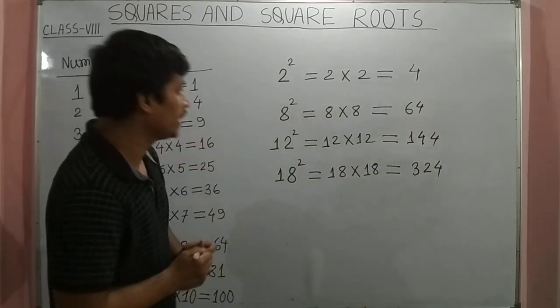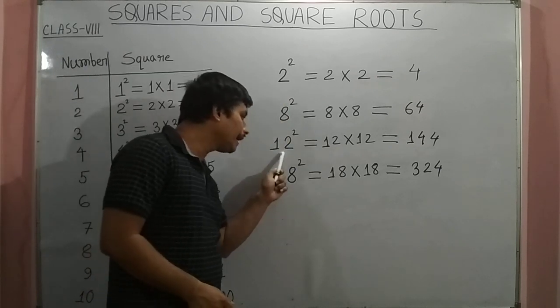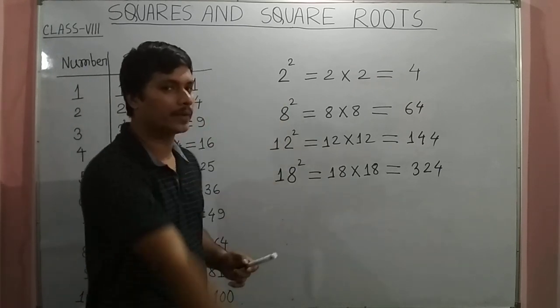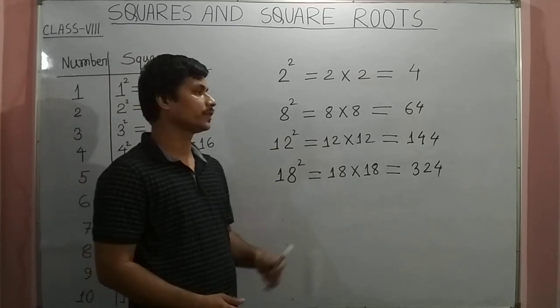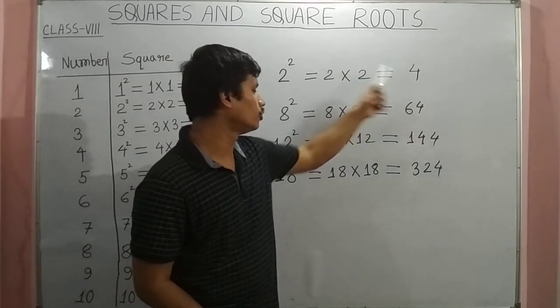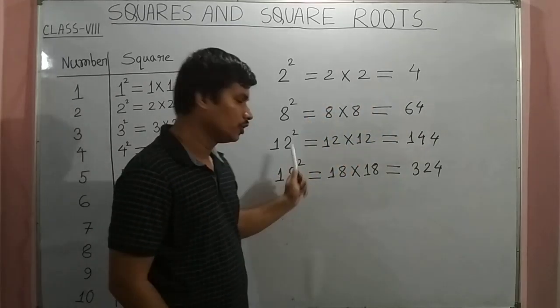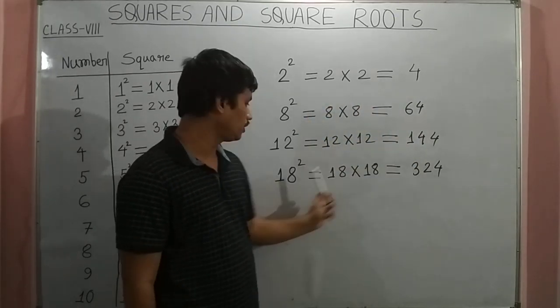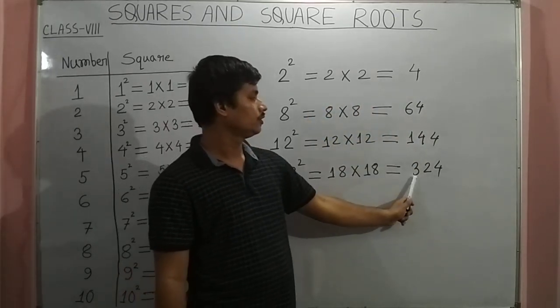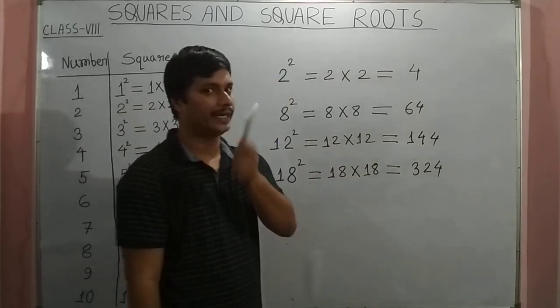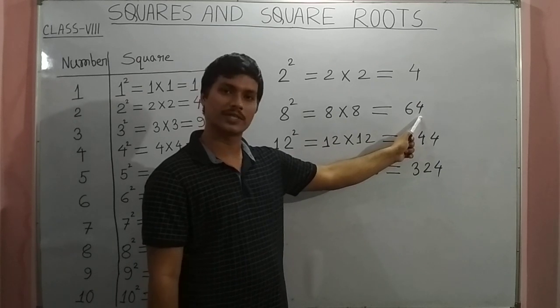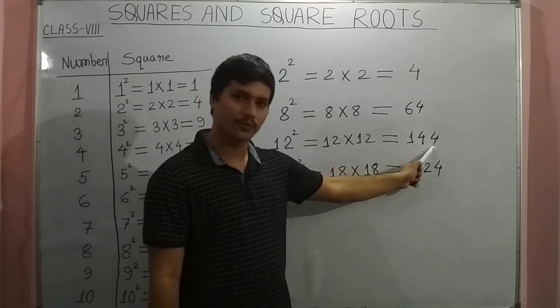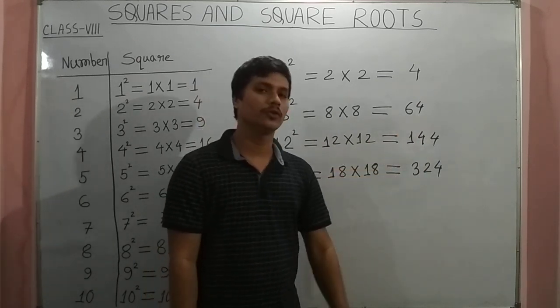Now students, these numbers 2, 8, 12, 18 have units place 2 or 8. Now the square of 2 is 4, square of 8 is 64, square of 12 is 144, square of 18 is 324. Now in these numbers the units place is 4, here units place 4, here also 4, here also 4.